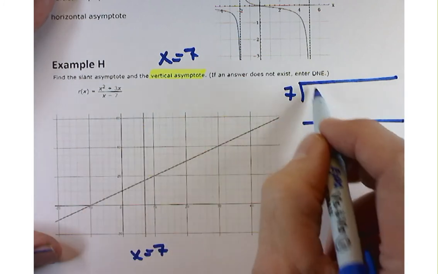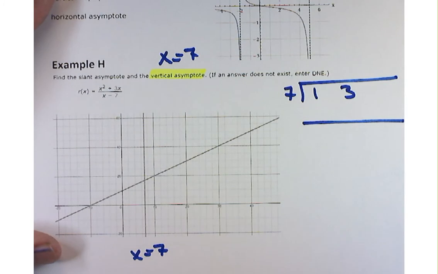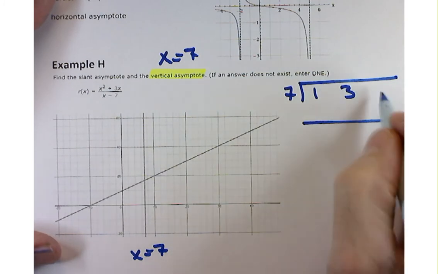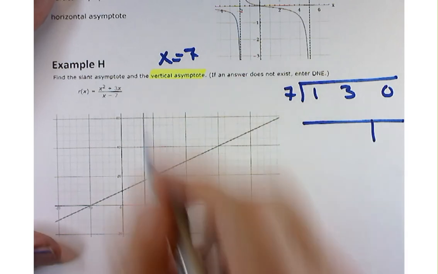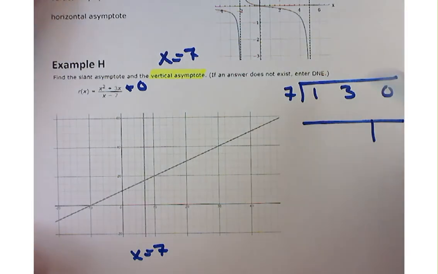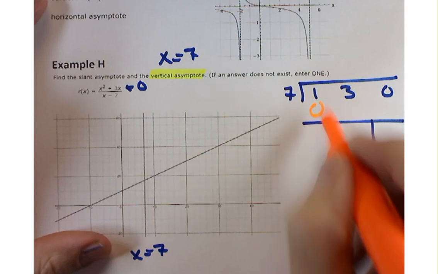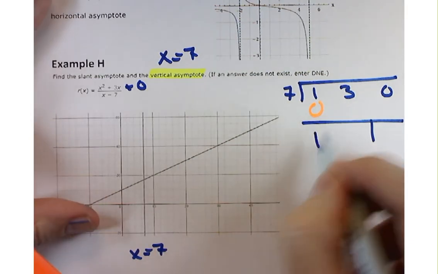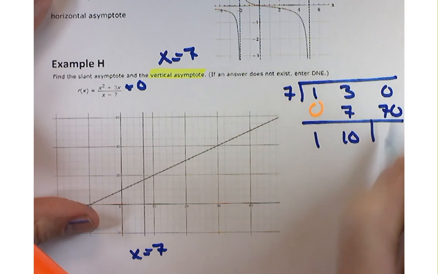There's a 1 and a 3. Beautiful. And a 0. Because that 0, even though it's not written, there's plus 0 there. We've got to account for that. So add going down. 1, 7, 10, 70, 70.